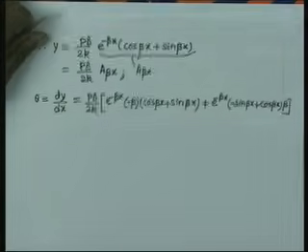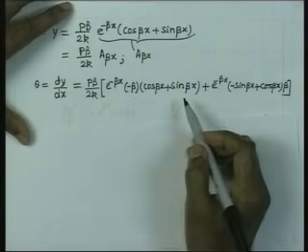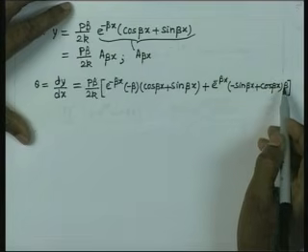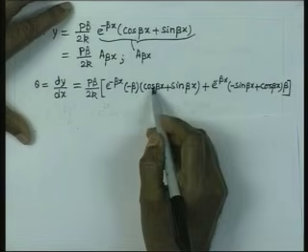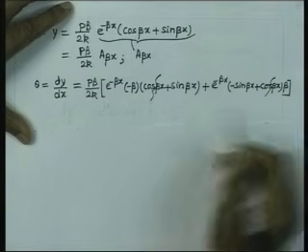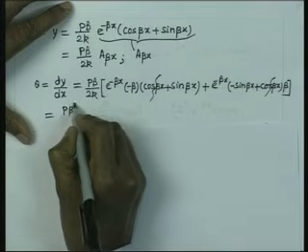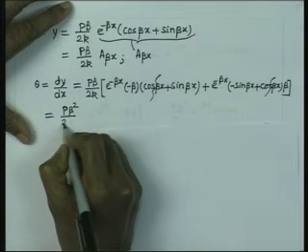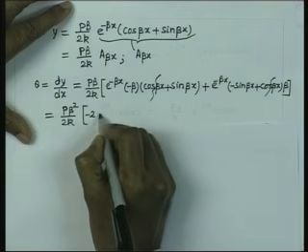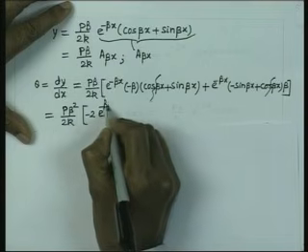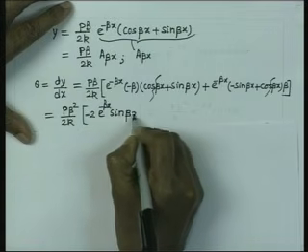We can see that there is some cancellation: the beta cosine beta x term cancels with this term. So these two terms get cancelled, and therefore we have p beta square by 2k into minus 2 e to the power minus beta x sin beta x.